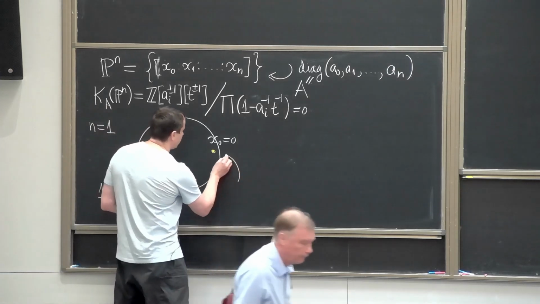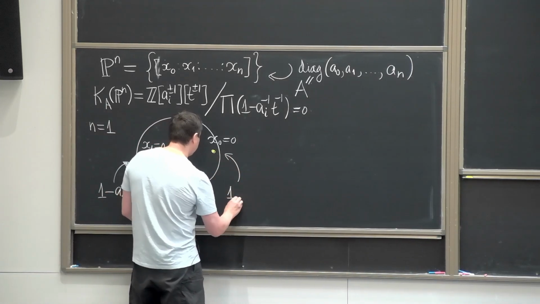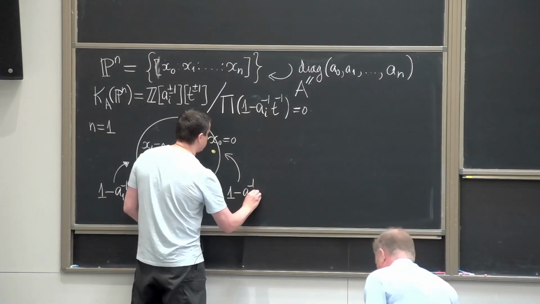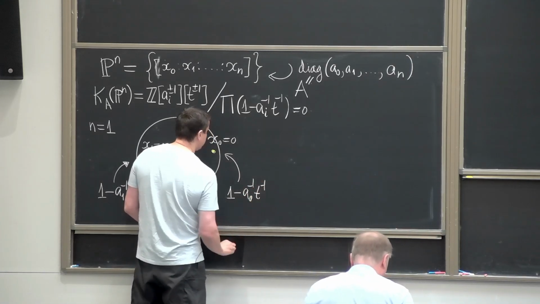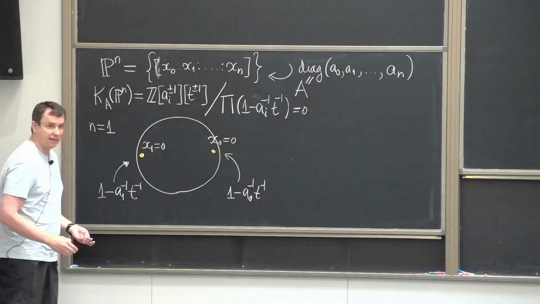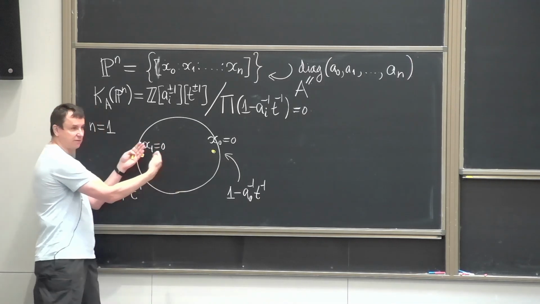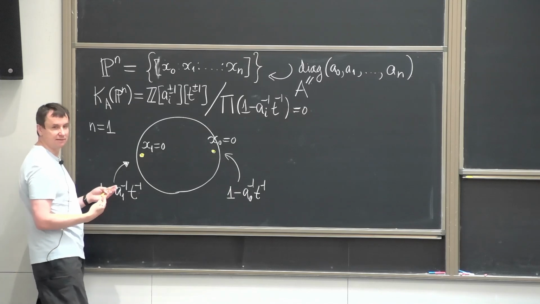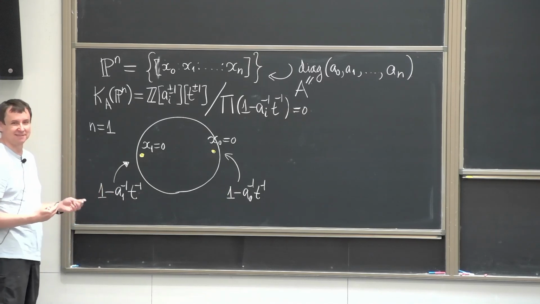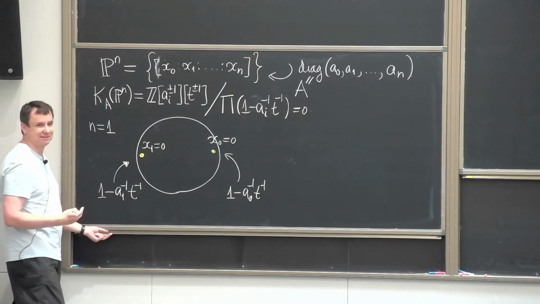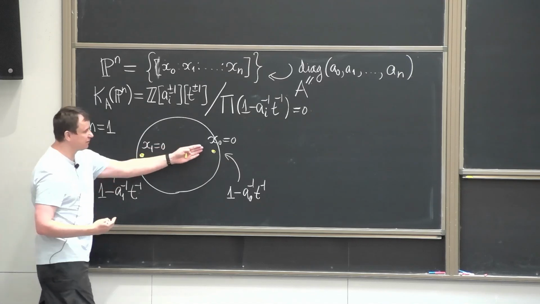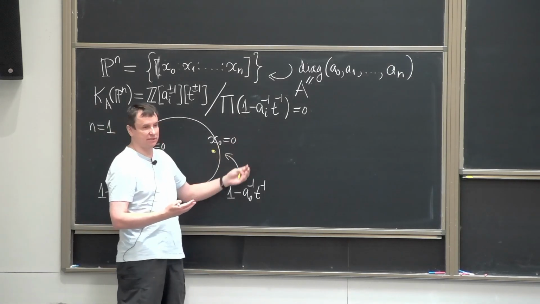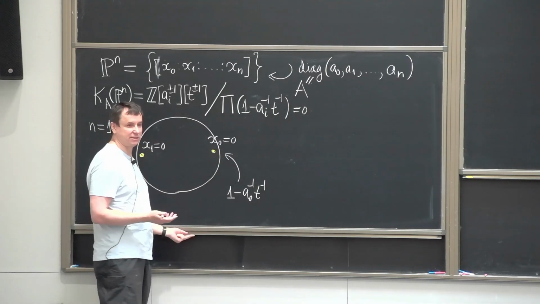And the class of this point is 1 minus A0 inverse T inverse. And the fact that the product is 0 is just the fact that the two points don't intersect. Right? Make sense? So each point defines a class, their product is 0, and that's the meaning of this relation. It's another meaning of this relation.